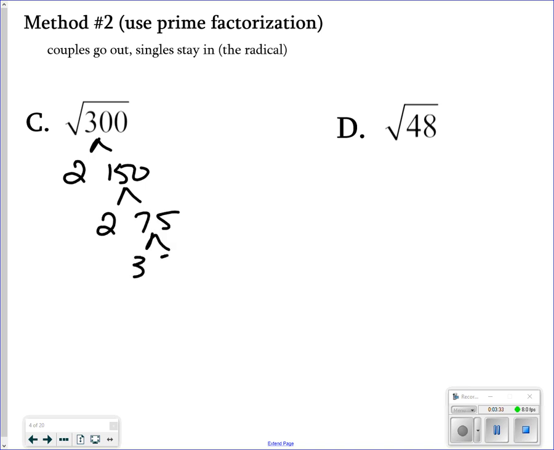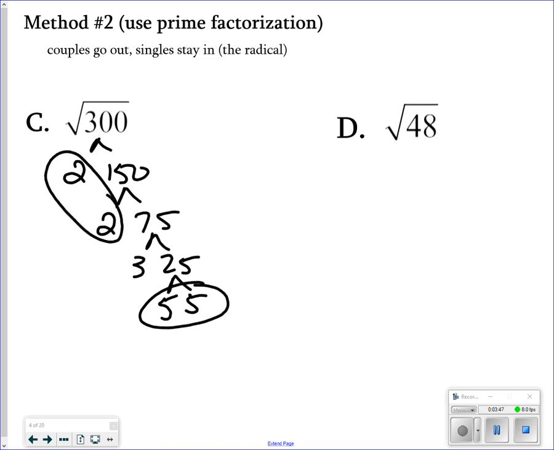Here's what happens if you don't find the biggest perfect square. So let's say I decided to use 25 times 12.